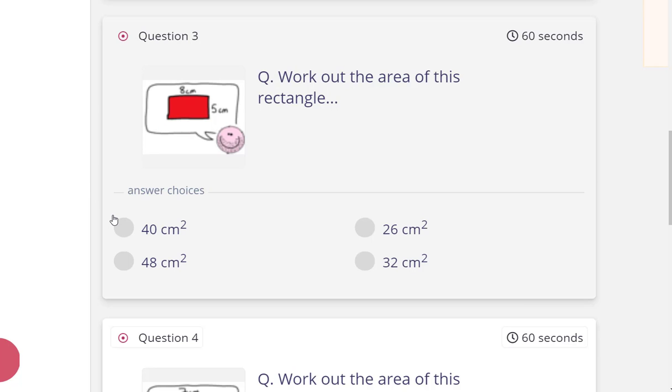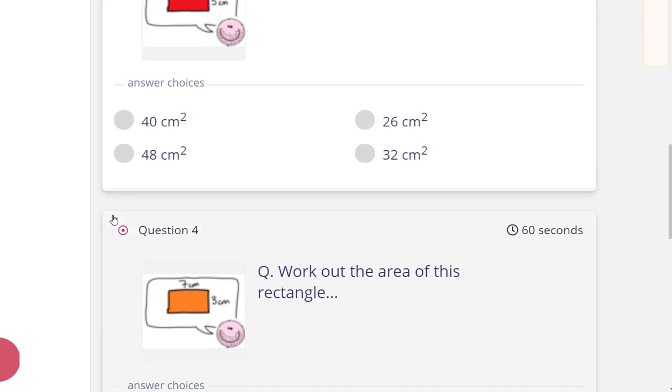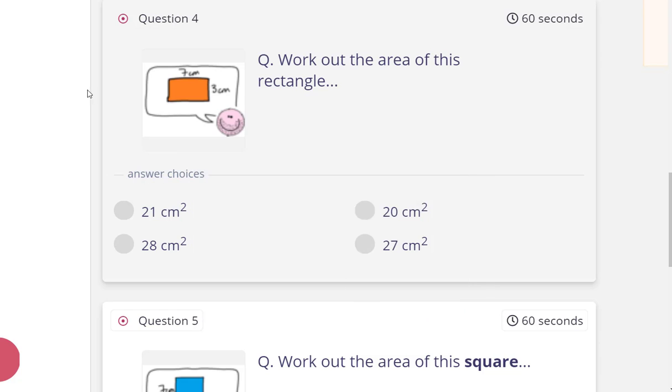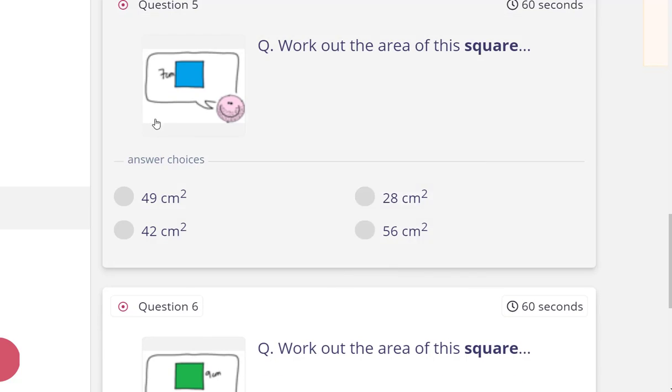Square centimeter. Thank you. Ali Salim, go ahead. 21. 21 square centimeters. Excellent.